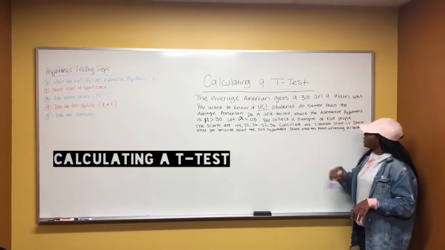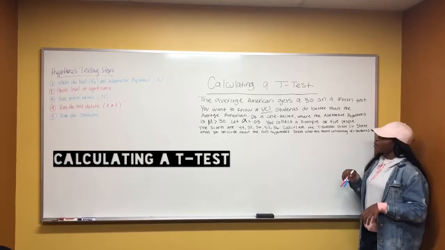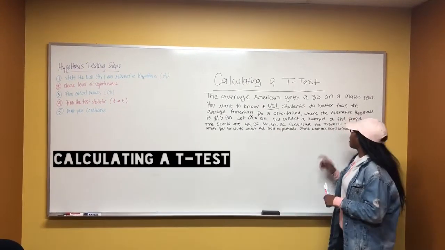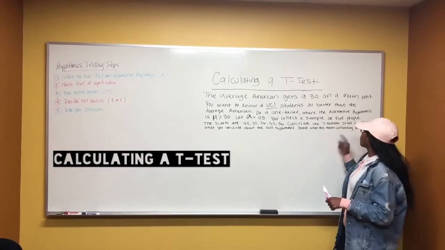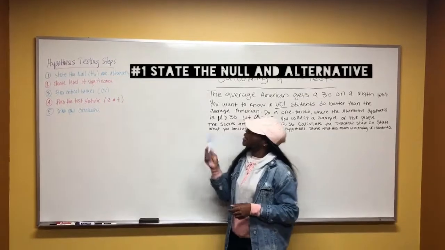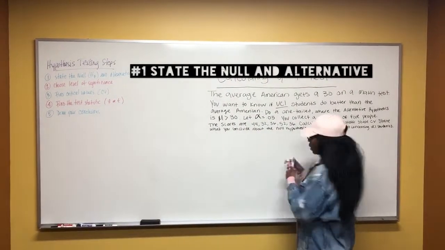We're going to calculate the t-statistic, state the critical value, conclude about our null hypothesis, and then state what this means. We're starting with step 1, which is to state our null and alternative hypothesis.